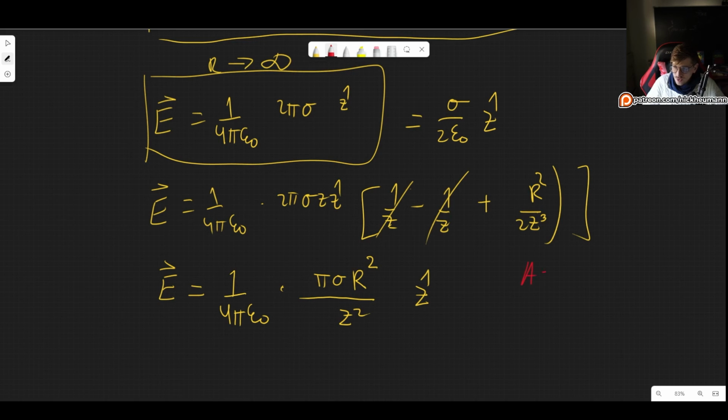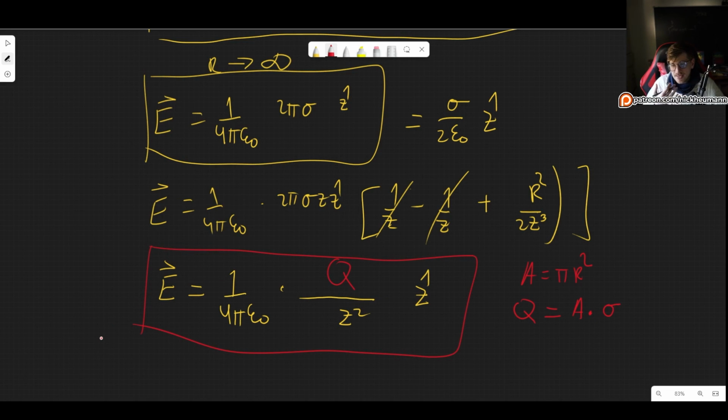The area of our disk is pi r squared, and the total charge is simply going to be its area times its charge per unit area, right? So what we have here, this entire thing is simply the total charge Q. And this equation is simply the electric field generated by a point charge.